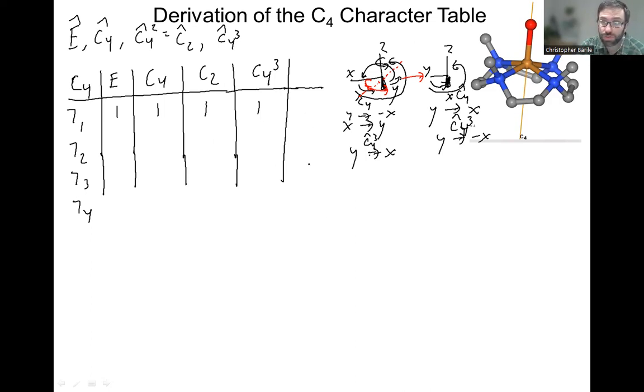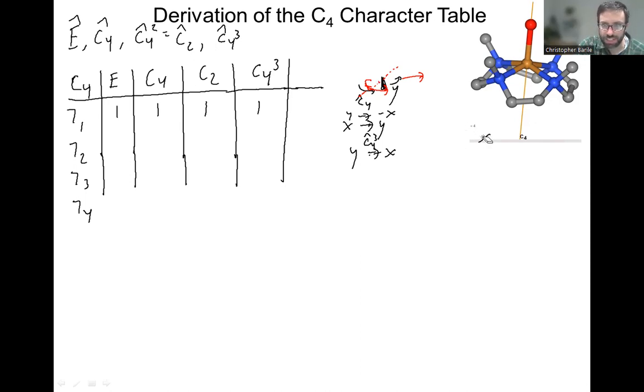It's useful to evaluate some functions and see how they transform under these different symmetries to get some of the different irreducible representations. So let's do that. I'm going to start with Z, and I'll show you why I'm going to start with Z, just as a test.